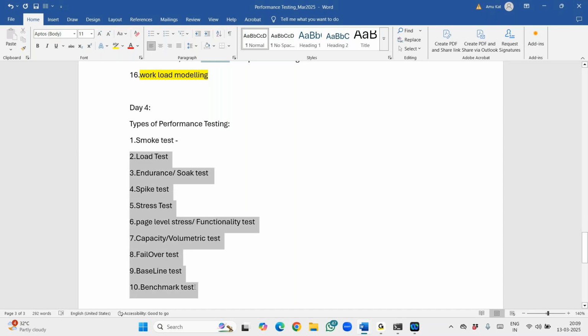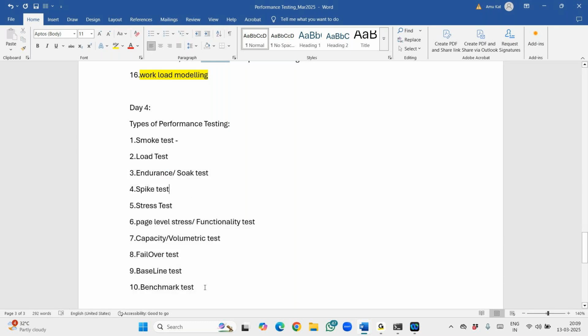Based on the client requirement, we will provide either this or that, or if needed we will include load test followed by endurance and also stress. If the client is looking for multiple tests, we can go ahead with different types of performance testing in the same release.